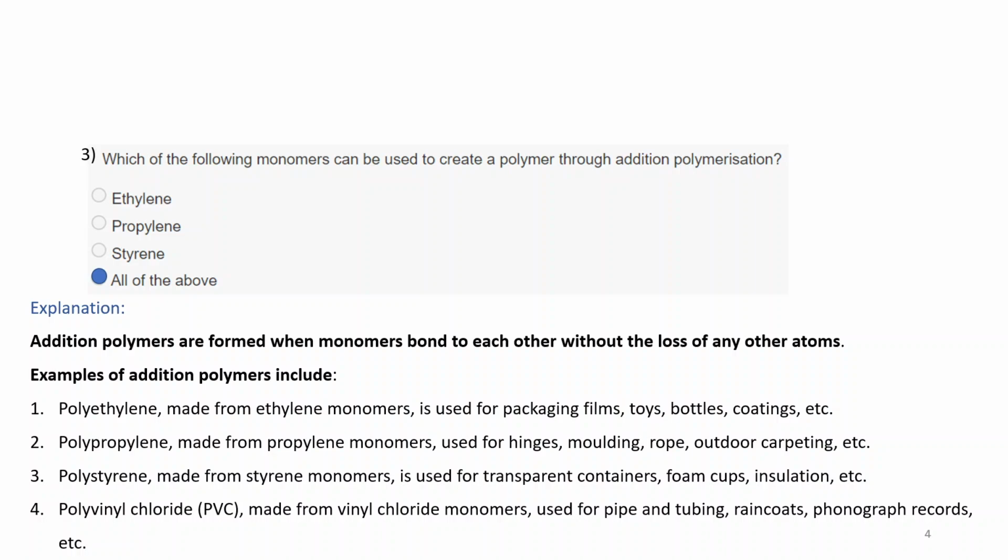Examples of addition polymers include polyethylene, which is made from ethylene monomers, used in making packaging films, toys, bottles, and coatings.